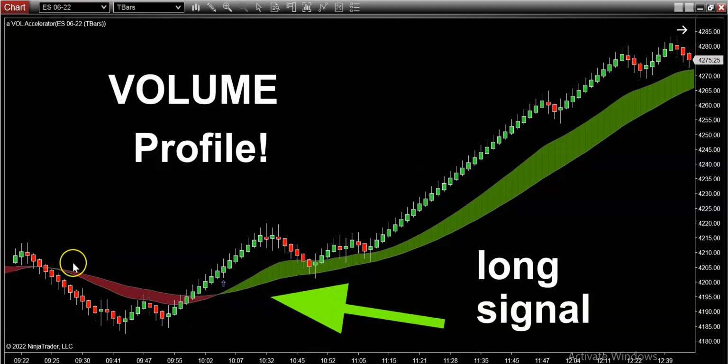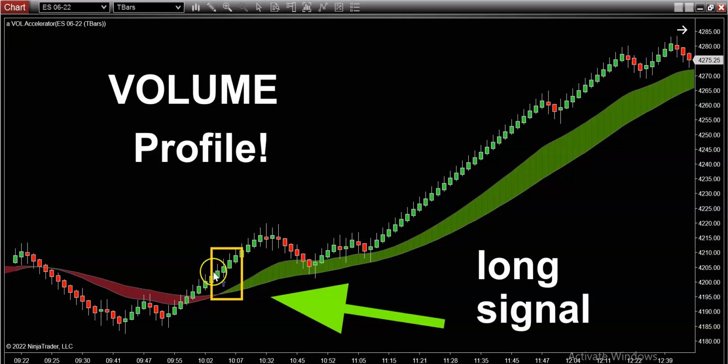That is what causes this volume profile indicator color band to turn from red into green. At this exact moment in time, this volume profile indicator detected a volume shift. You understand what I'm saying?